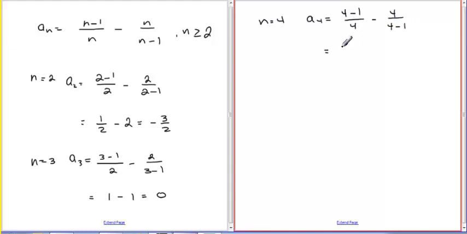So that's 3/4 minus 4/3, which, if we do it in terms of 12ths, we're going to have 9/12 minus 16/12, which is negative 7/12. So 7/12, that's smaller. Okay, let's do another one.